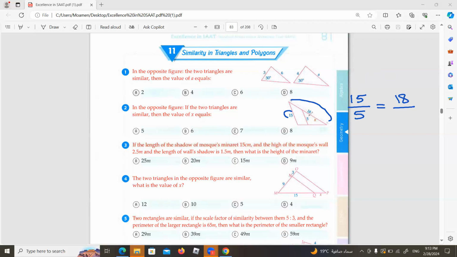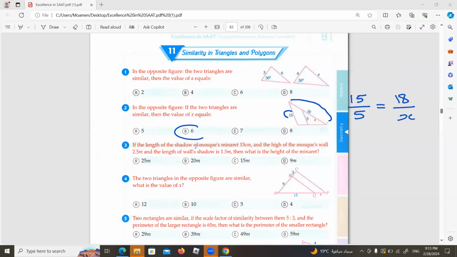It means the biggest side, which is x. Okay, so I can get the answer. It's 6. Excellent for my dear students who give me the answer. So it's 6 by using cross multiplication. Okay, we're going to number 3.